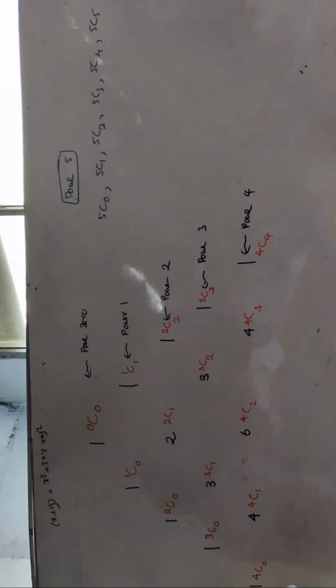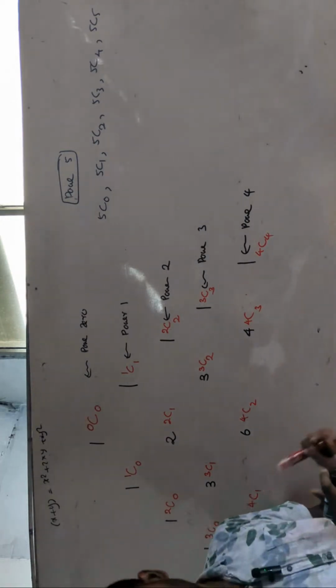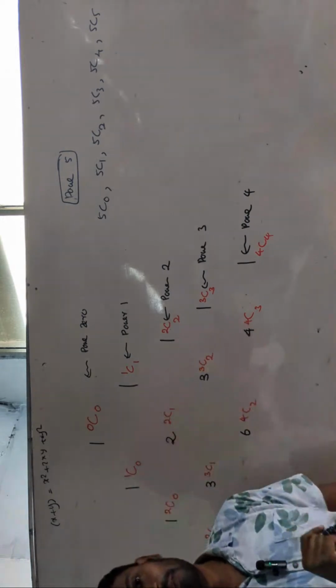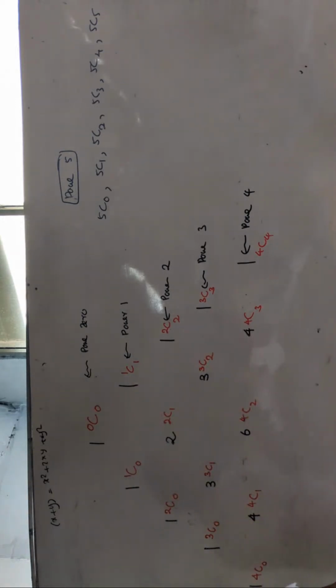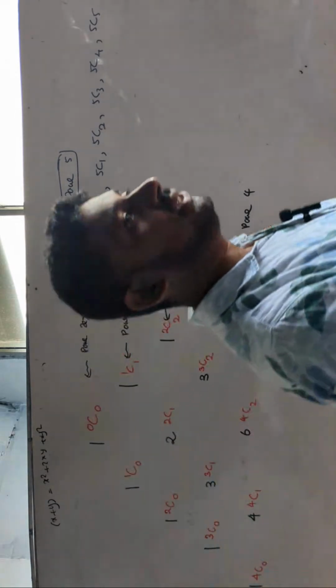That means, do we need another Pascal triangle? No, we don't need that. Then for power 10, what are the relevant coefficients? 10C0, 10C1 up to 10C10. These are the coefficients. So Newton saw this pattern, and then he invented the binomial theorem. So let's write down this one first. Let's consider the Pascal triangle.